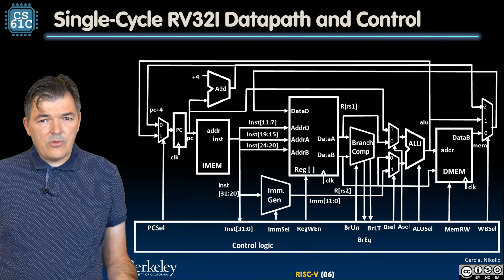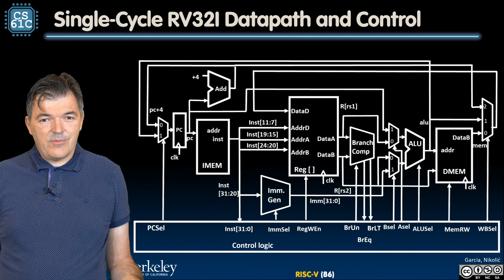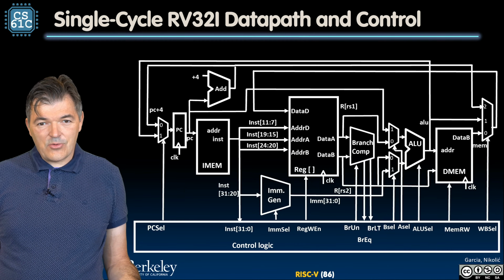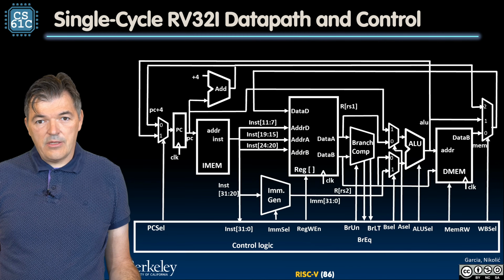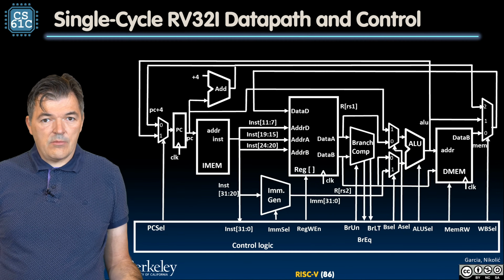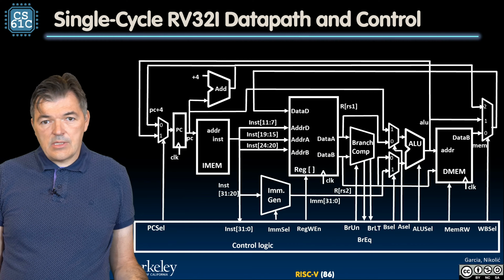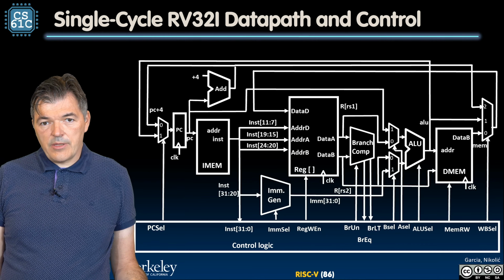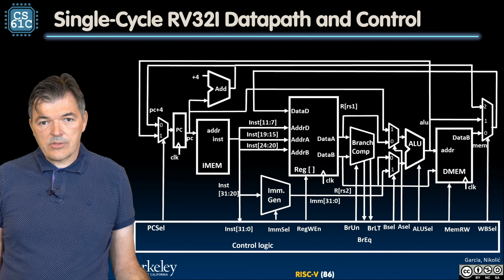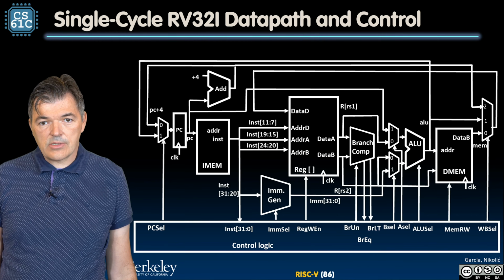We can do that by revisiting some of those instructions that we introduced early on, before we had the complete data path. The idea now is to see how they work with a complete data path where everything is in place to execute all the other instructions.